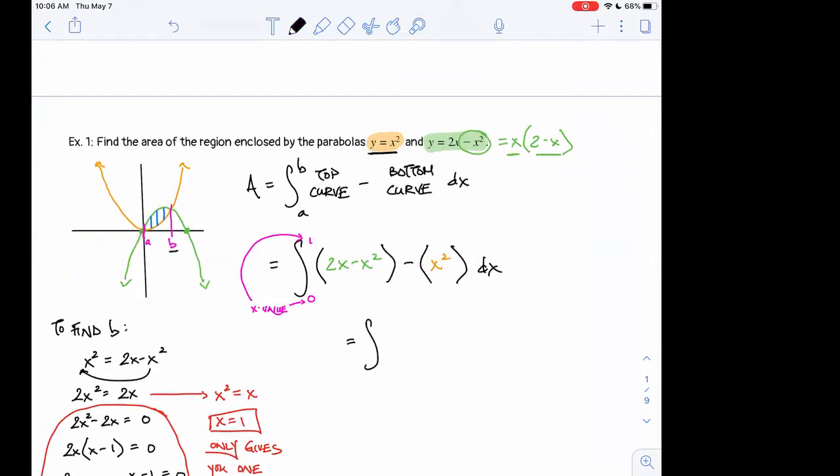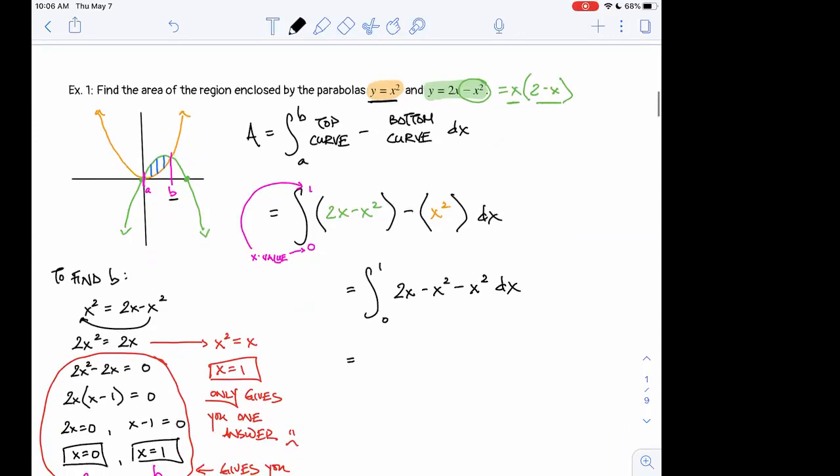So we have the integral from 0 to 1. I'm going to simplify the integrand by getting rid of the parentheses. So I will have 2x minus x squared minus a second x squared dx. I can simplify that even more to say the integral from 0 to 1 of 2x minus 2x squared dx.